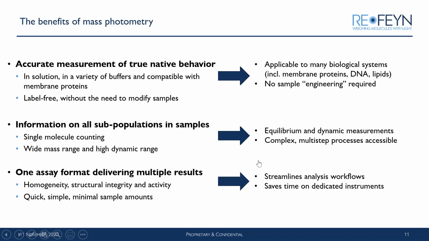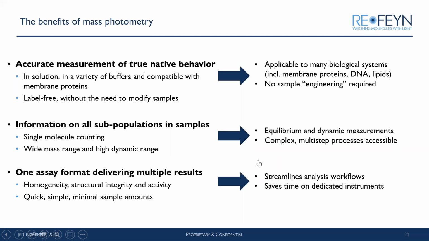And it's one assay format that basically can give you multiple results. It can give you information about homogeneity, about structure integrity, about activity. It's really quick and simple and requires minimal sample amounts. And the analysis workflow is really nice and easy and intuitive, and it saves time on dedicated instruments.